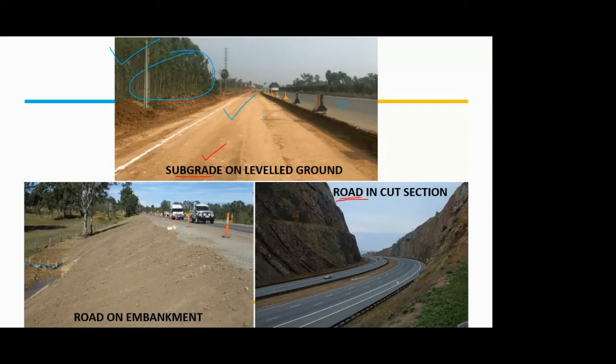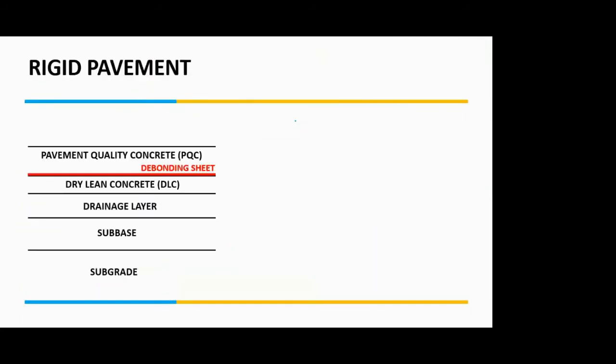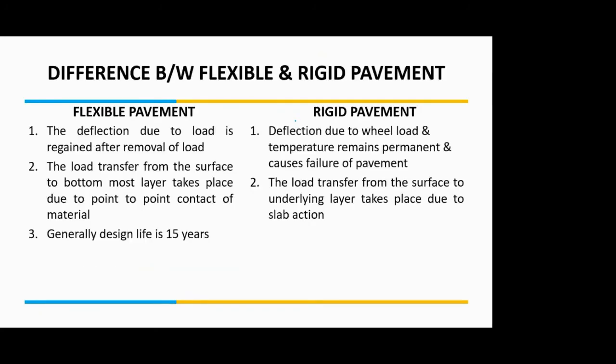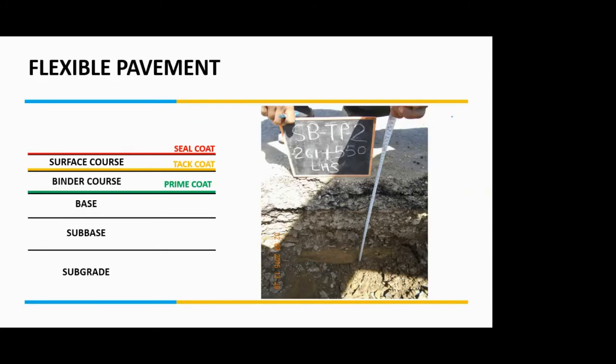So what is done is, just at this edge in the shoulder you make a pit, okay, that is known as a trial pit, and I have shown you this trial pit earlier. So this trial pit is made in the shoulder area of the existing road, by which you come to know what kind of subgrade material they have used in the existing road.